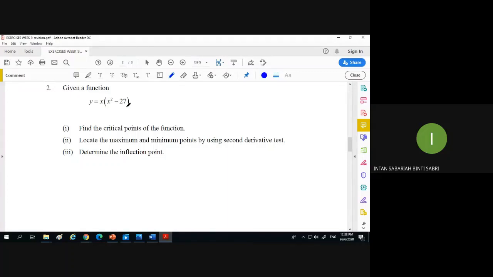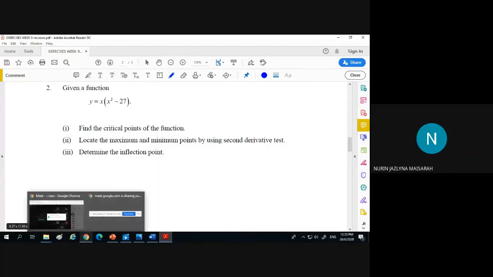Okay, final. Given a function y is equal to x squared minus 27, times x. In this subtopic, what we are asked is the critical point, and to determine the nature. What is the nature? The nature is finding whether the function has a maximum or minimum point.